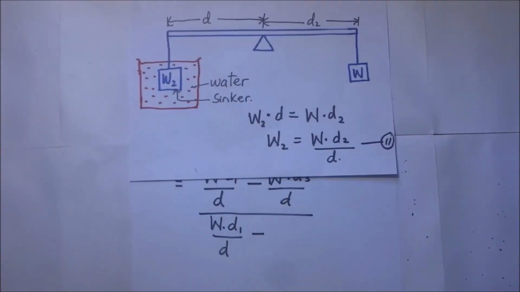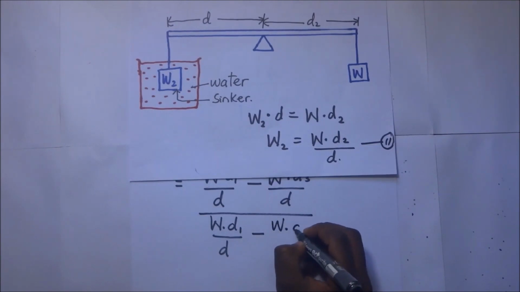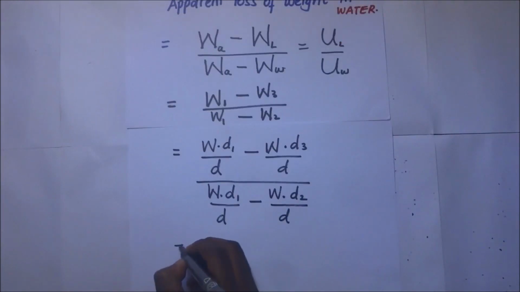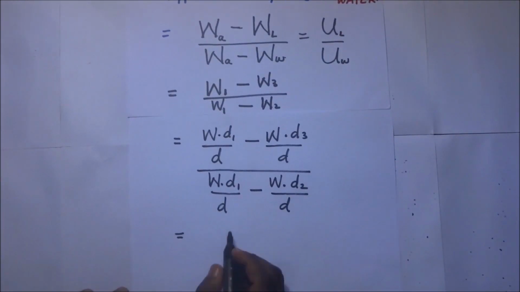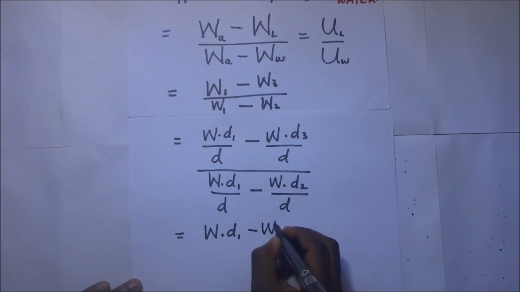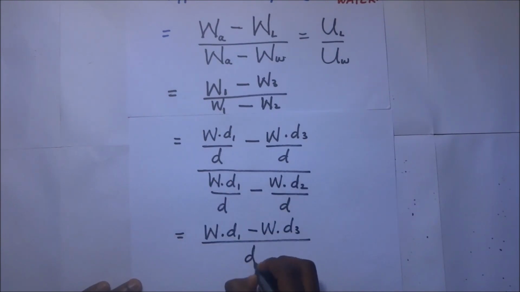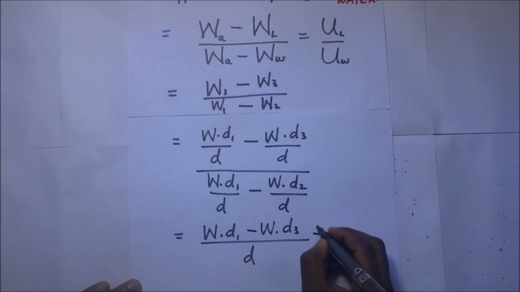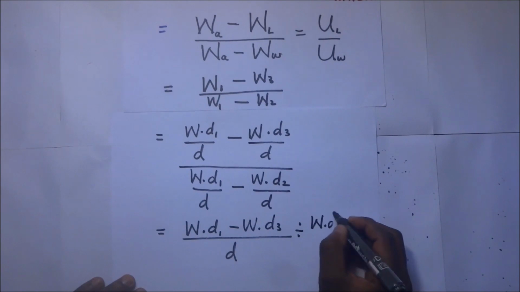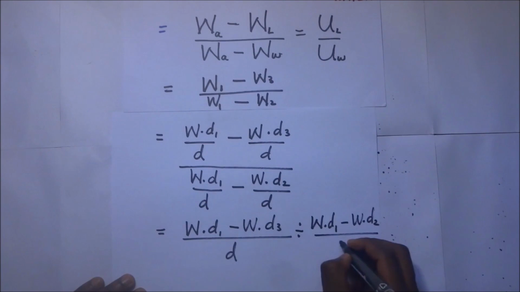What is W2? W2 is W multiplied by D2 over D. And of course this is going to become W times D1 minus W times D3, divided by the LCM, which here becomes D, divided by W times D1 minus W times D2, divided by the LCM here, D.